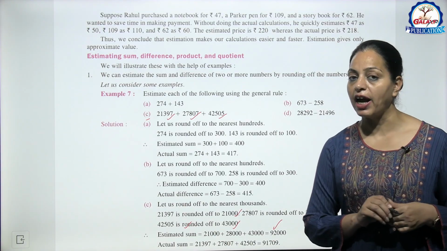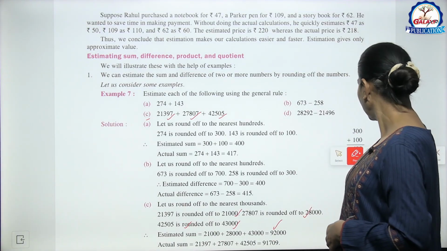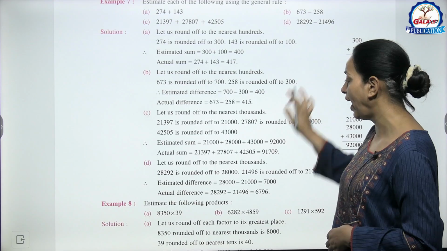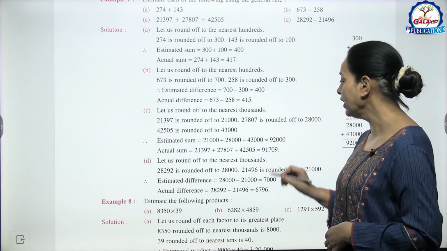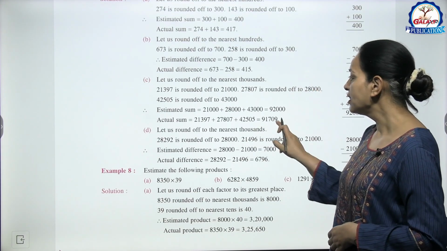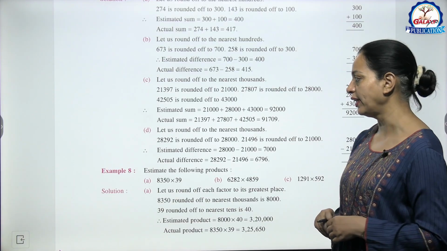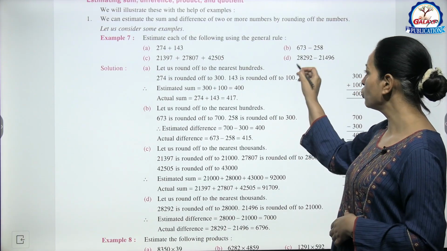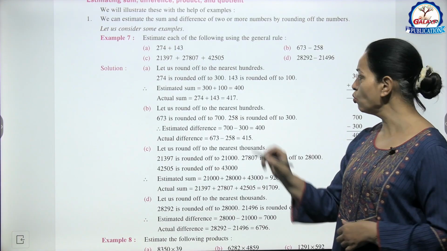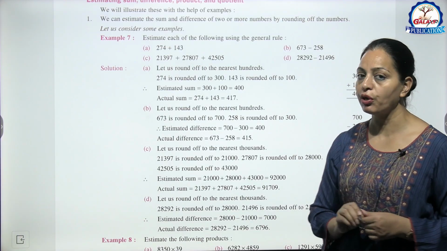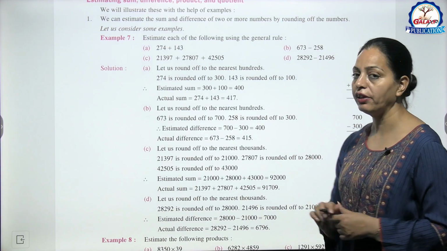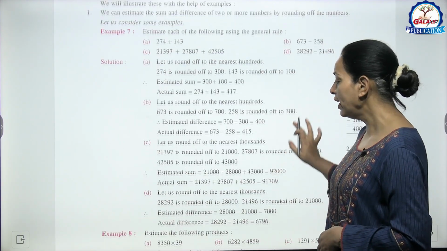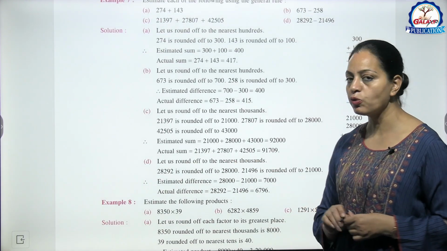This is the sum, 92,000, and you can find the actual sum. Add all these. You are getting 91,709, right? Now come to D part, 28,292 minus 21,496. So let us round off to the nearest thousand.